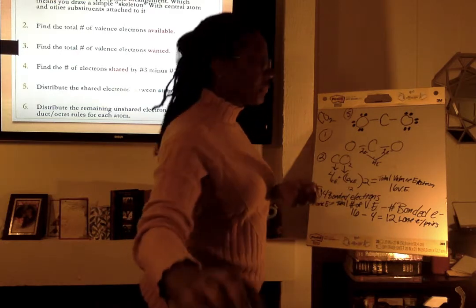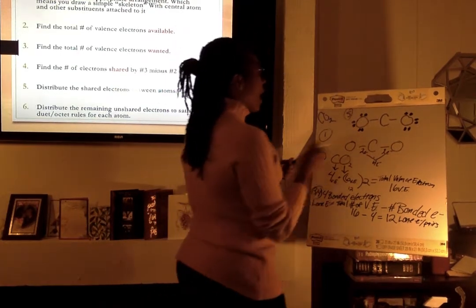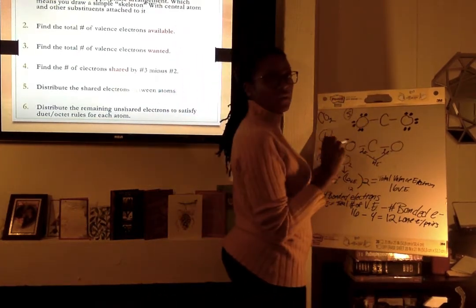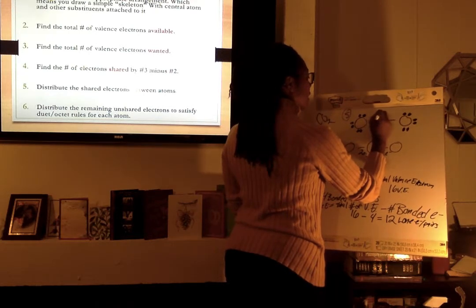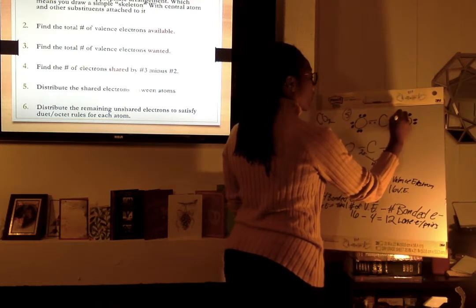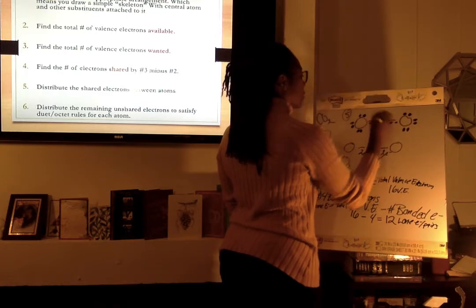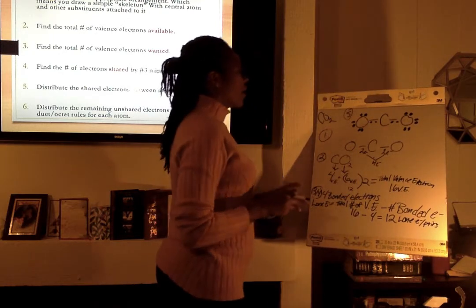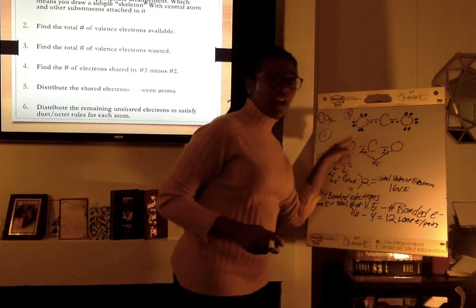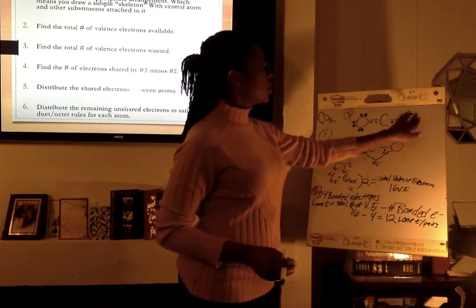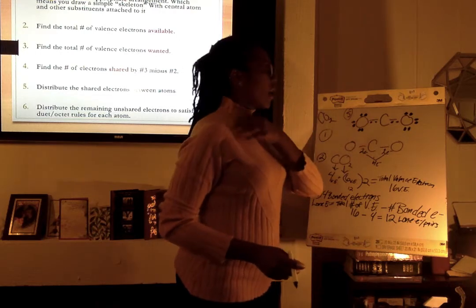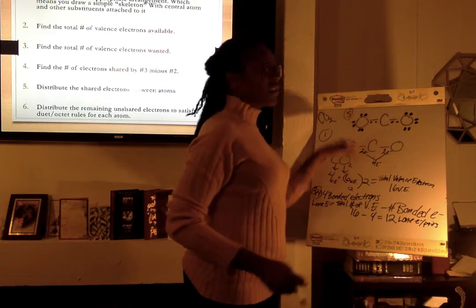Well, let's count. So remember, how many electrons are in each bond? 2, right? That's what you want to think of it as. And because they're sharing that electron pair, each atom can count 2 as part of their octet.